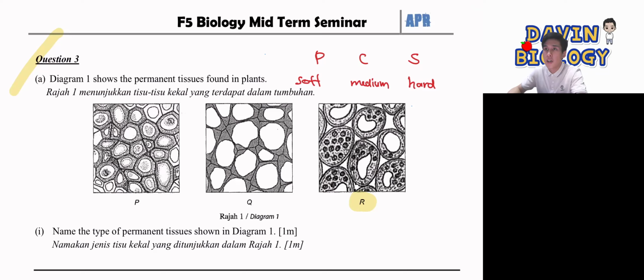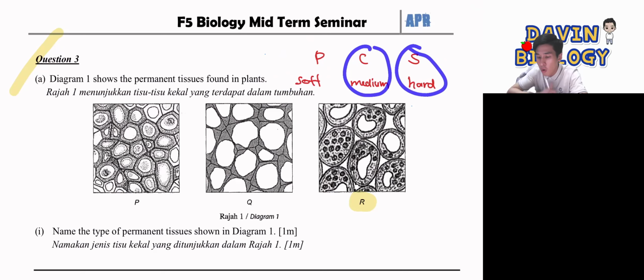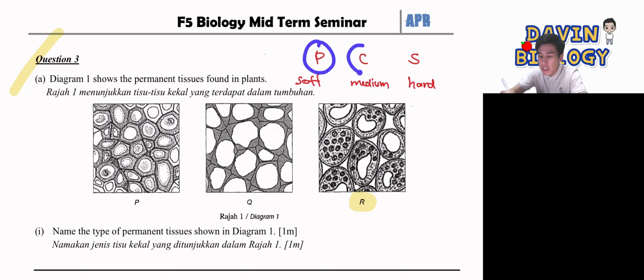Come, Wei Xiang, let's try. Memphis, Ziying, come. What do you think? So parenchyma, I say soft, size very big. This one normal, this one small. And the cell wall thin, medium, thick.